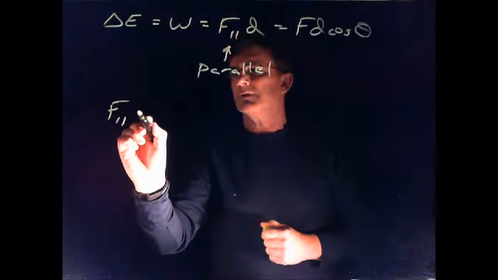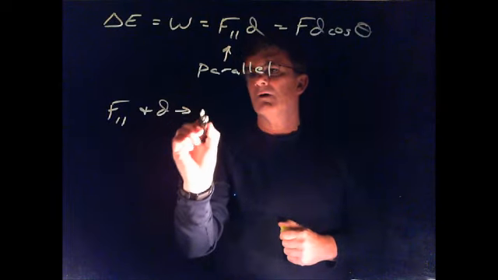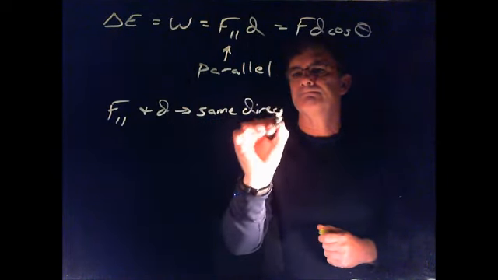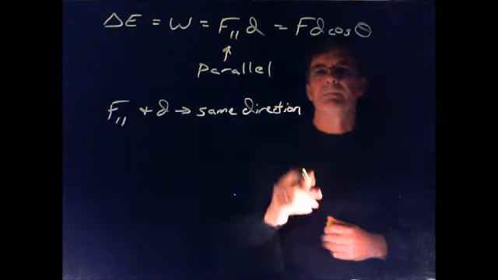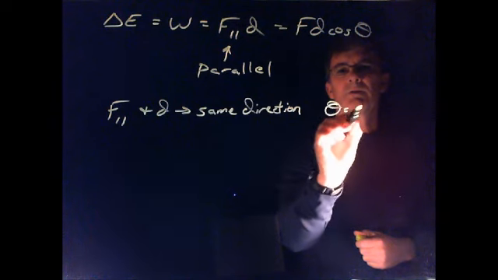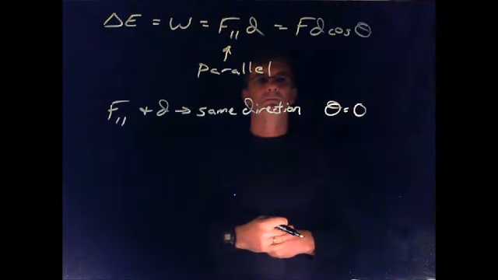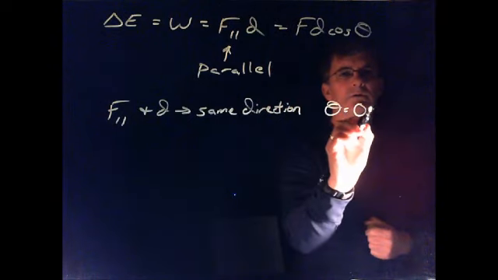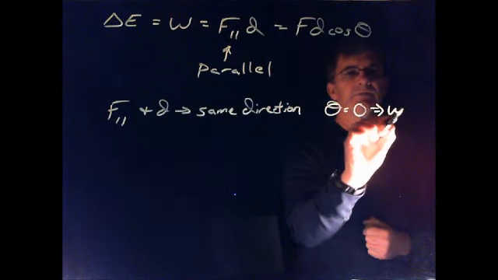If F parallel and d are in the same direction, then theta, the angle between the two, is 0. The cosine of 0 is 1. So work is simply F d.